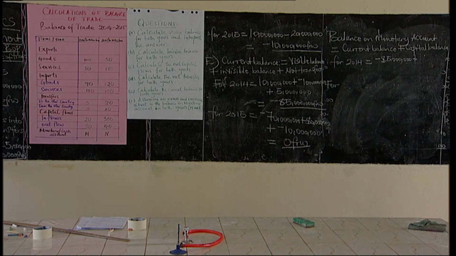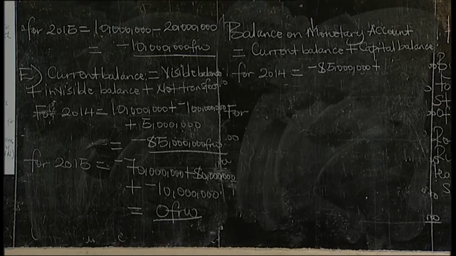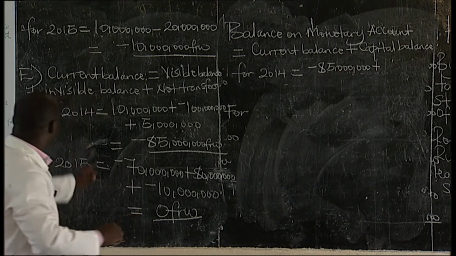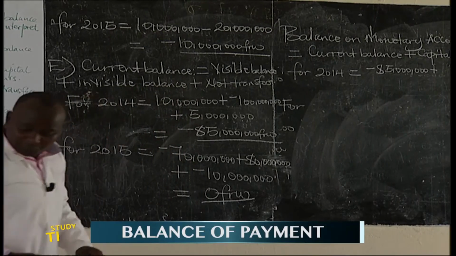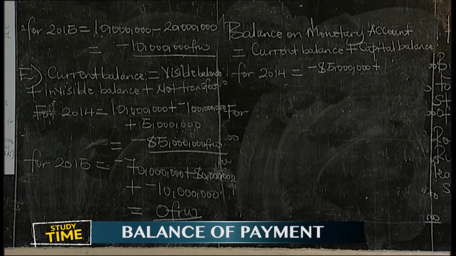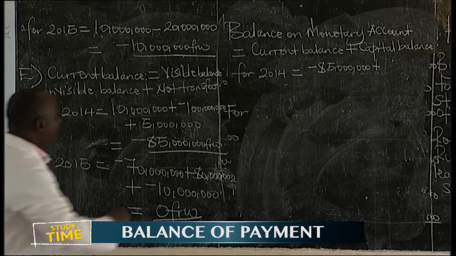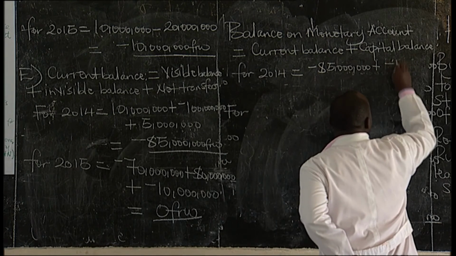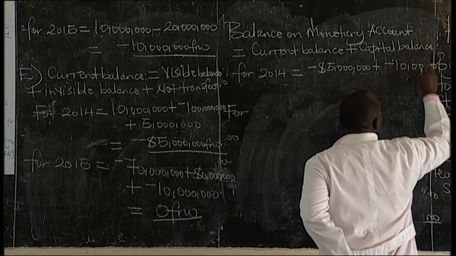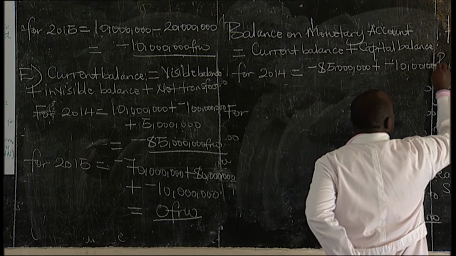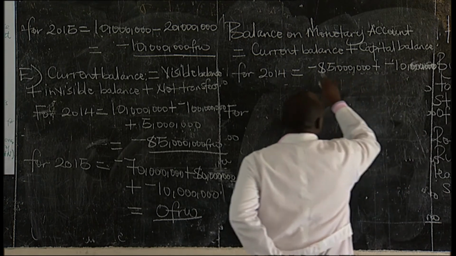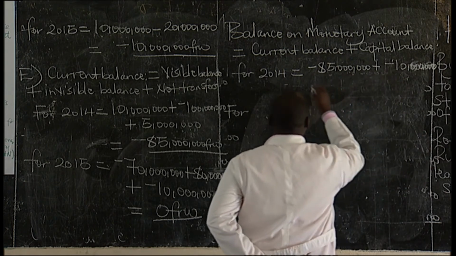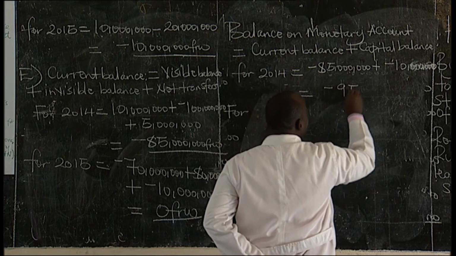The net capital flow of 2014 was negative 10 million. Now, this is negative 85 million plus negative 10 million, we shall get negative 95 million francs.